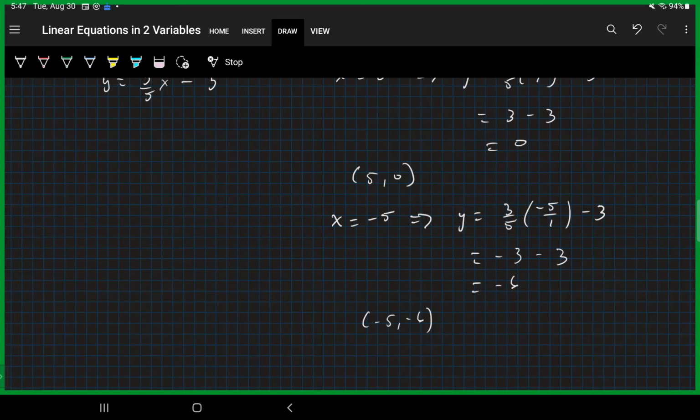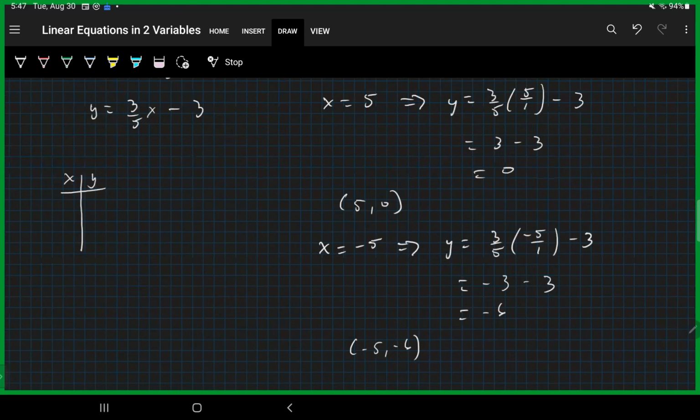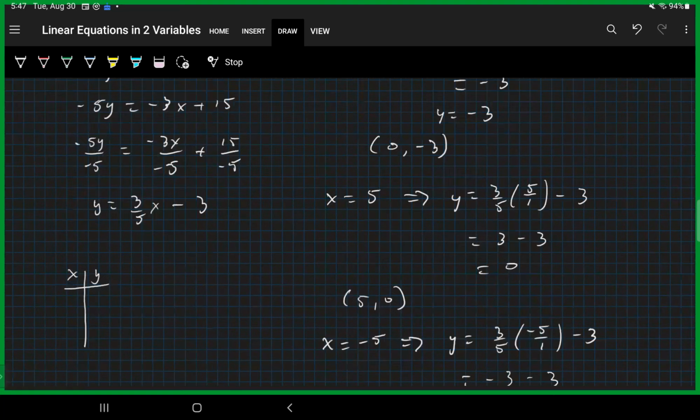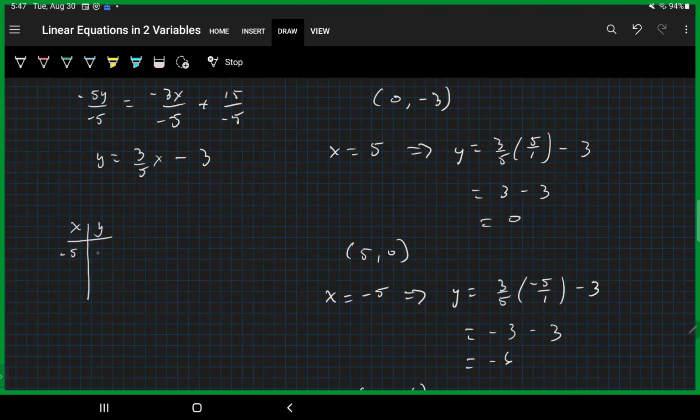There's a way that we like to organize these, and you might remember this from a previous math class. We call it an XY chart or table or a T table. And what did we plug in here? We plugged in 0, 5, and -5. And I like to put my x's in order. You don't have to, but my x column is going to be ascending, so the numbers go from more negative to more positive as I go down the chart.